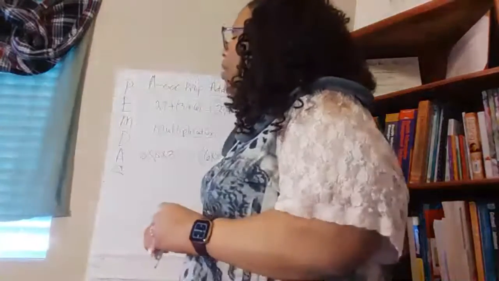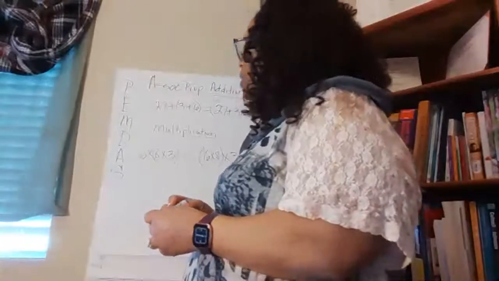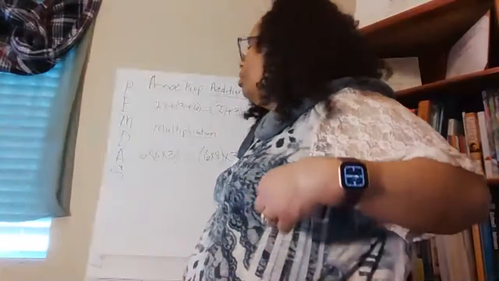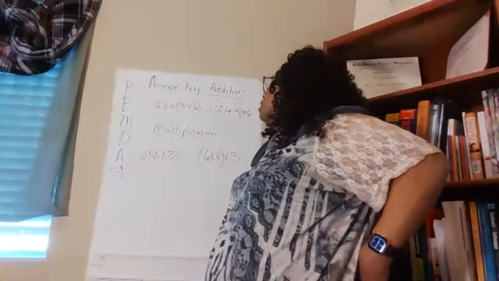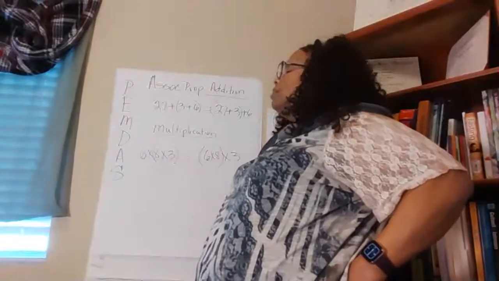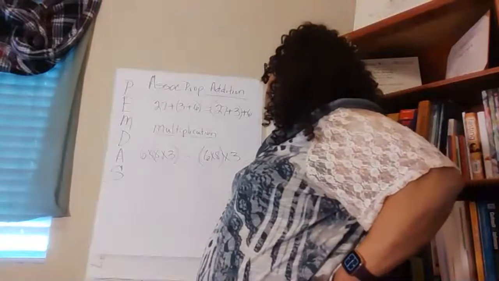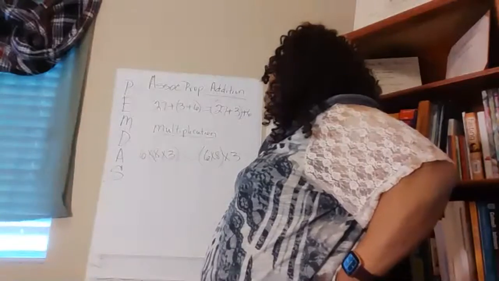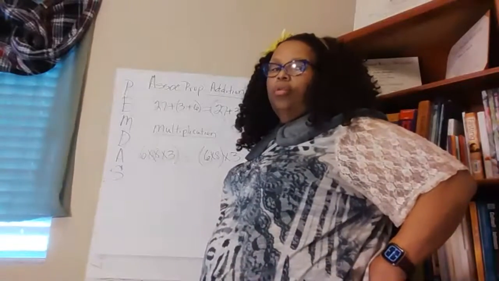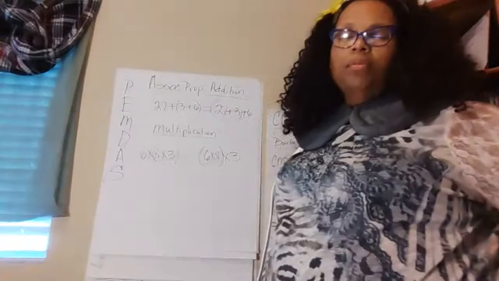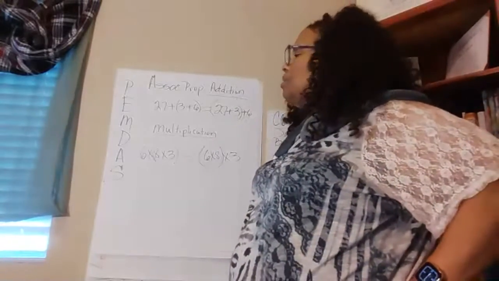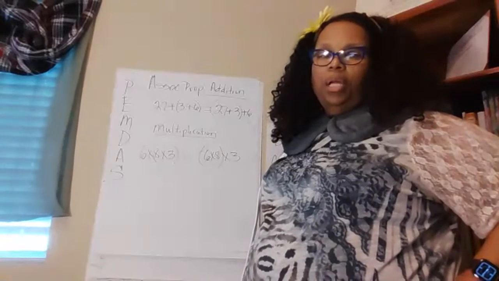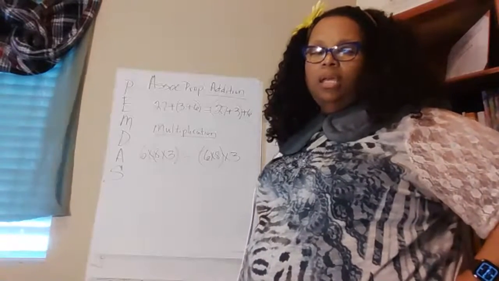Okay. Write down 27 plus 3 plus 6. And then on the other side, wait. 27 plus 3 plus 6.